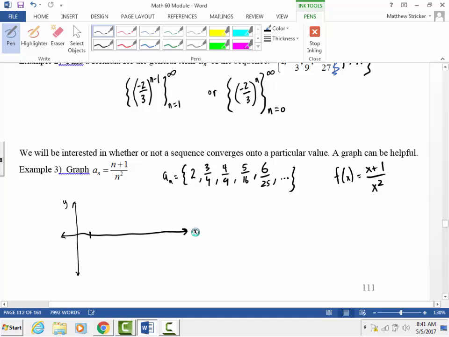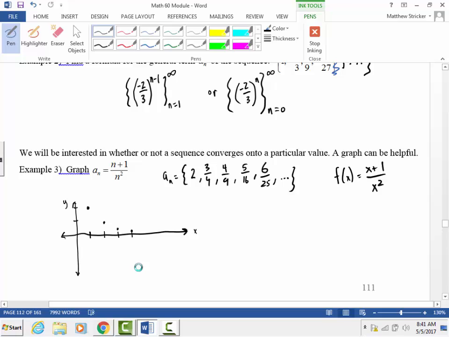So for the first term, we'd have a point at 2, and then the second term, we'd have a point at 3/4, which is going to be right about there, and then the third term, we'd be at 4/9, which is just under 1/2, and then the fourth term, we'd be at 5/16, which is even lower.